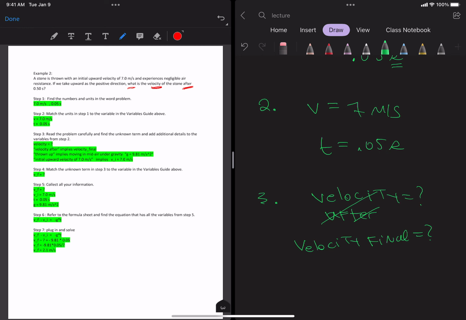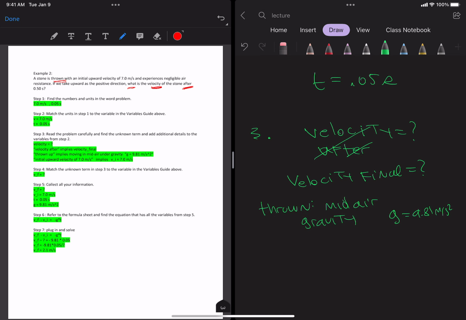Next it says it's thrown up into the air. Thrown means that you're in midair, and because of that, you're being acted upon by gravity. And so we're going to use g is equal to 9.81 meters per second squared.